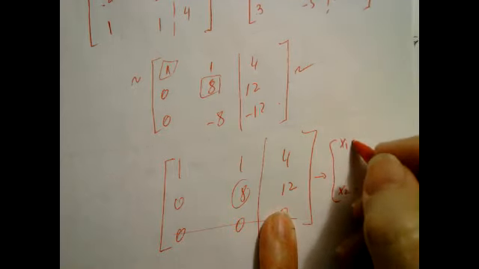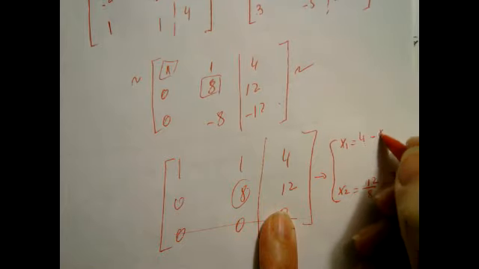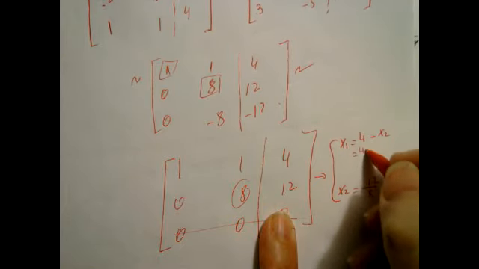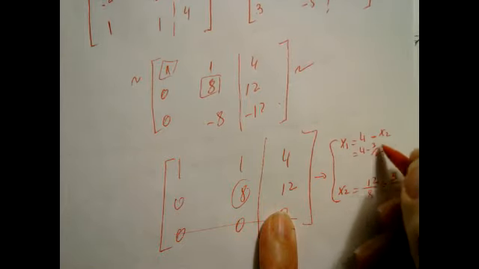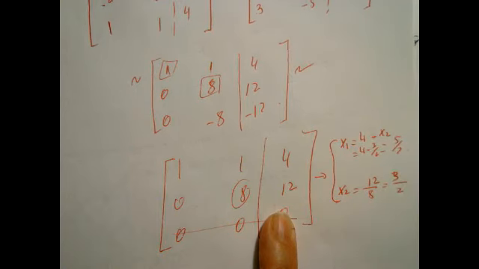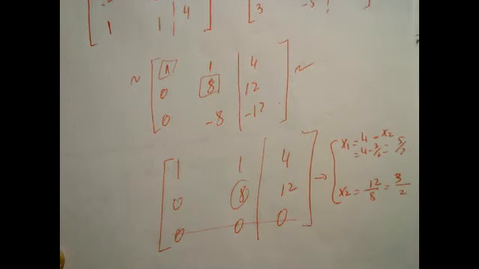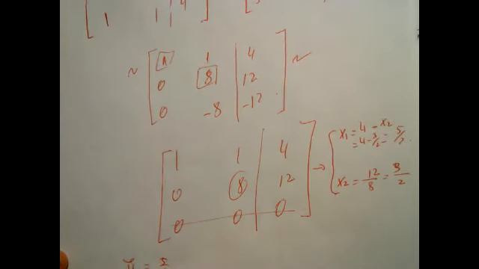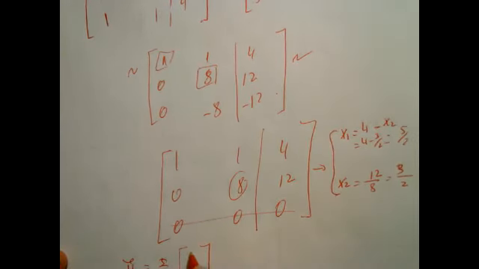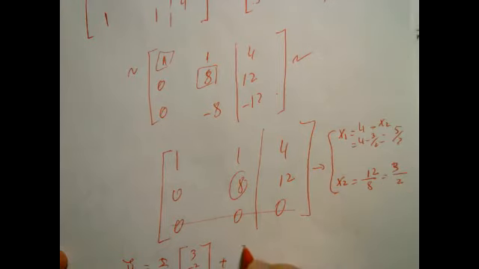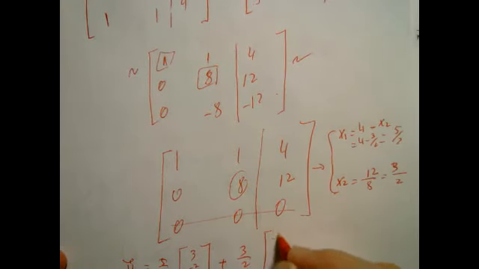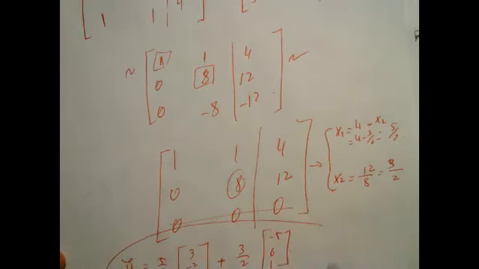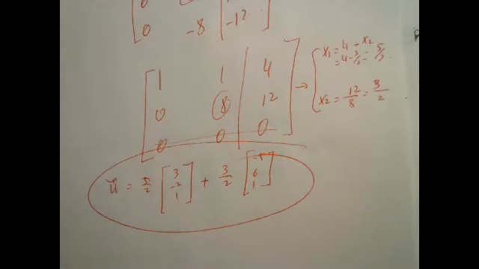And x1 is 4 minus x2. It means 4 minus 3/2, which is 5/2. All right? It means the vector u can be written as 5/2 times the first column of A plus 3/2 the second column of A. So it is absolutely in the span because it's a linear combination.